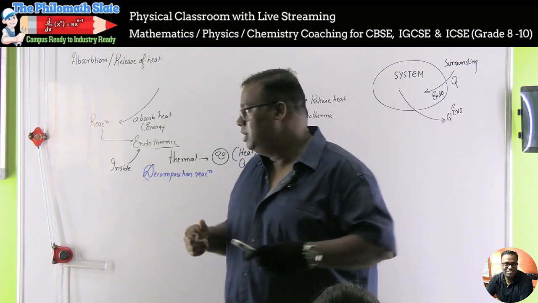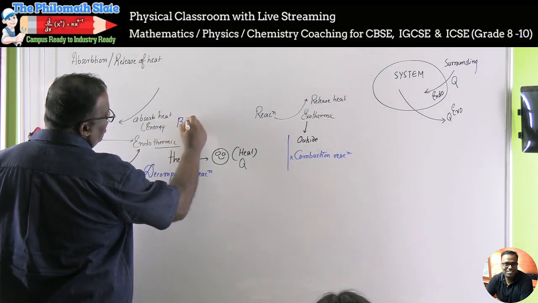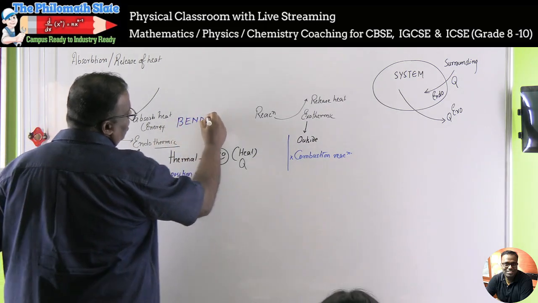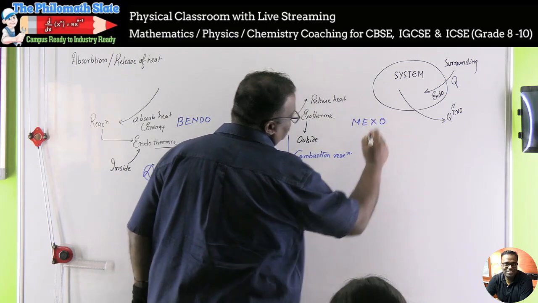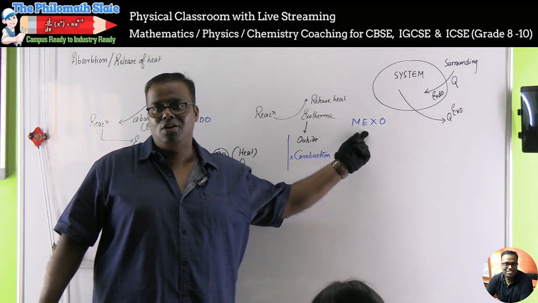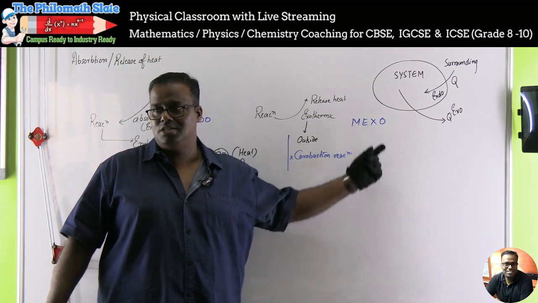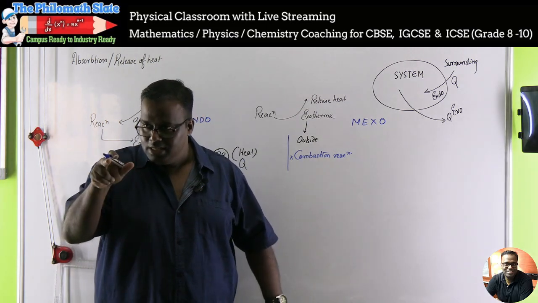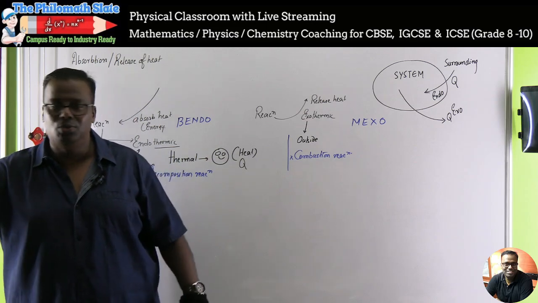Bonds break हुआ. तो ये एक और चीज याद रखिएगा, इसको हम बोलते हैं बेंडो, और इसको याद रखिएगा मेक्सो. Mexo means wherever bonds are getting made, they all will be exothermic reactions. Bendo means, for example, C plus O2, they bond together and form one product CO2, Mexo.